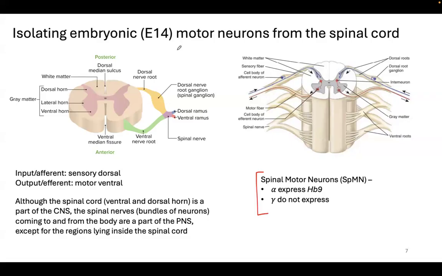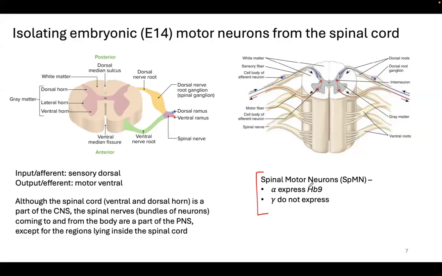Around E14 is when the alpha motor neurons strongly express this marker, and then slowly this is expressed by other cell types too. So if you have a mouse embryo which is younger than E14, and you use this to purify your cells, then it will not work, because these cells were not expressing HB9 at all.